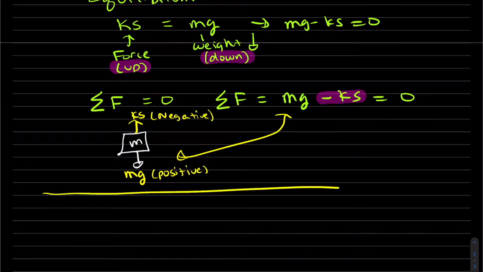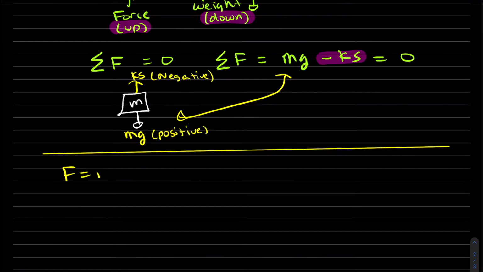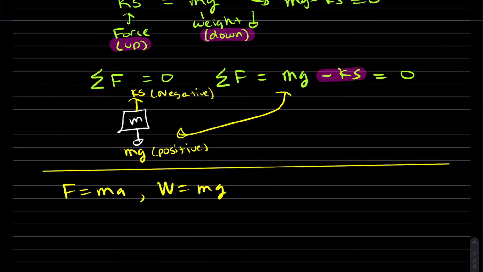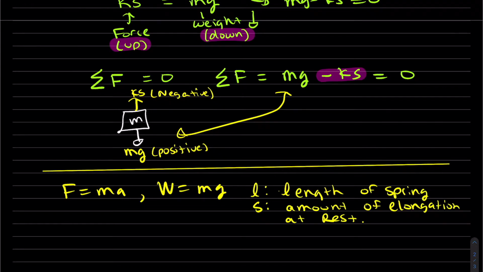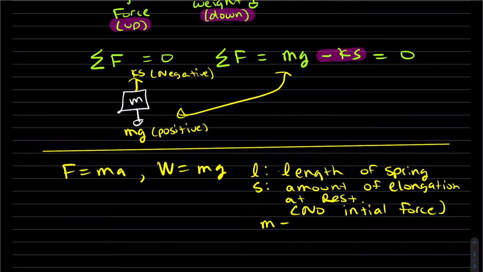So now remember force equals ma, weight equals mg, and our L from above is the length of the spring, and S is the amount of elongation at rest, how much more it's stretched when you put on the mass, at no initial force. Little m is mass, and it's usually measured in slugs, kilograms, or grams.